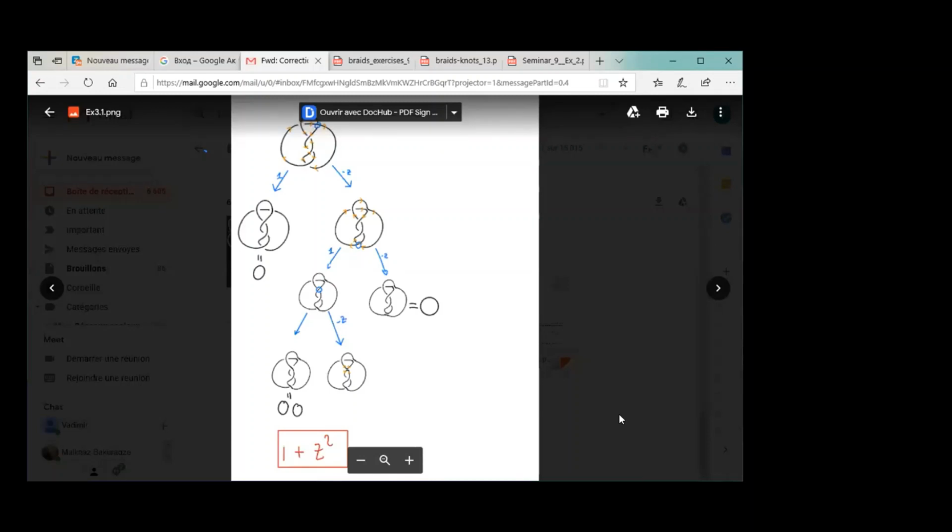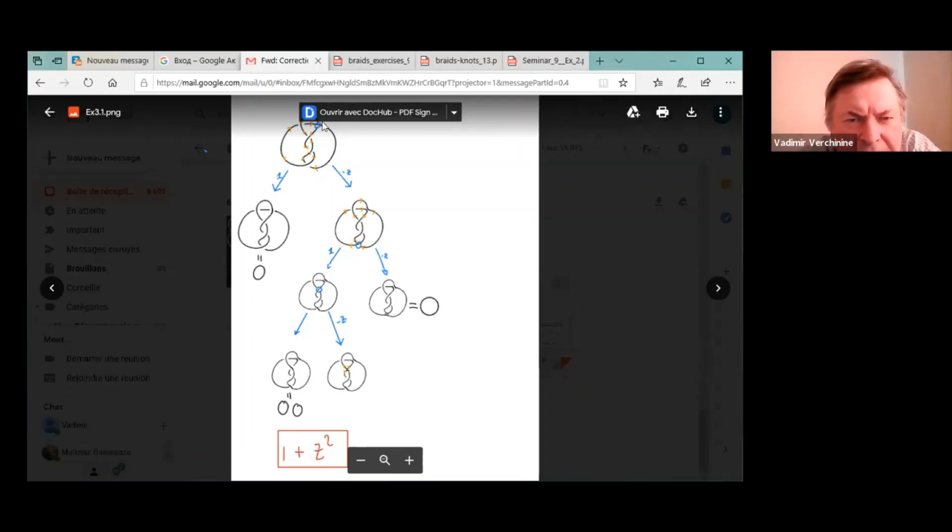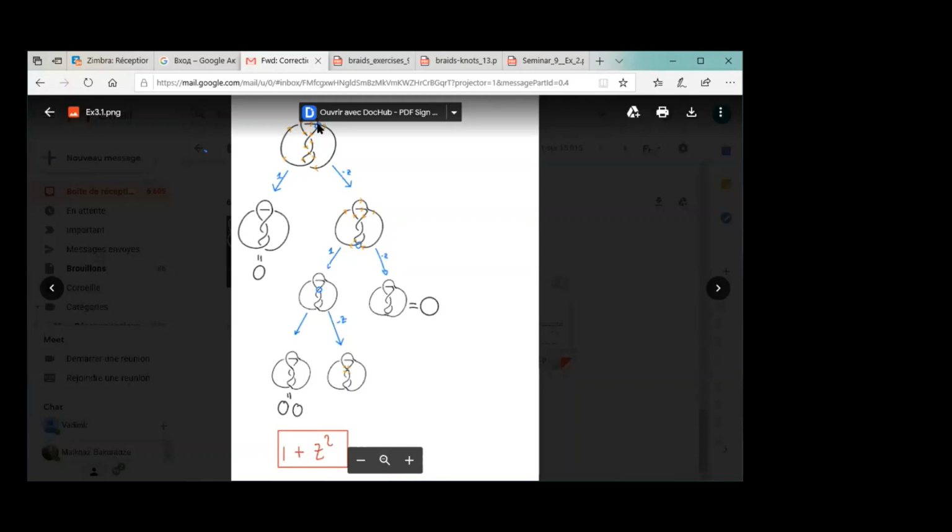Where there is a little blue circle, this is where I apply the move, I don't know how to call it, when we apply the Conway relation. Right, so you are using the relation here. Yes, exactly.